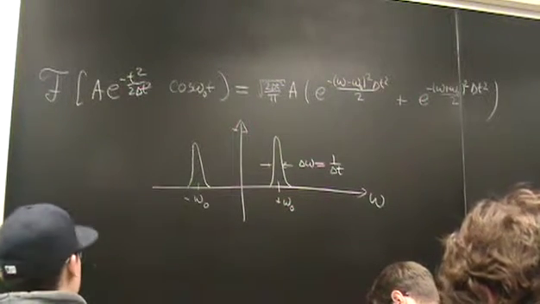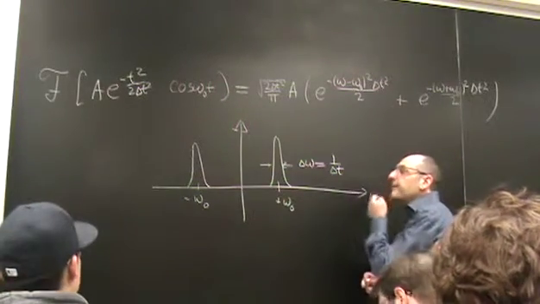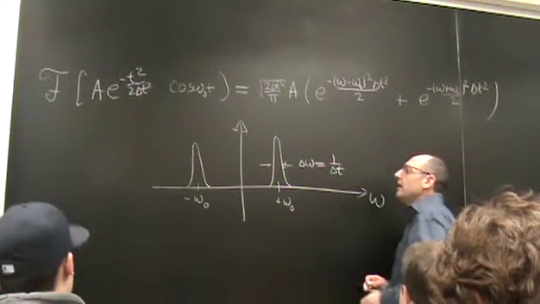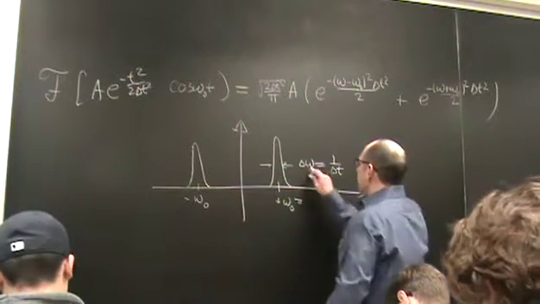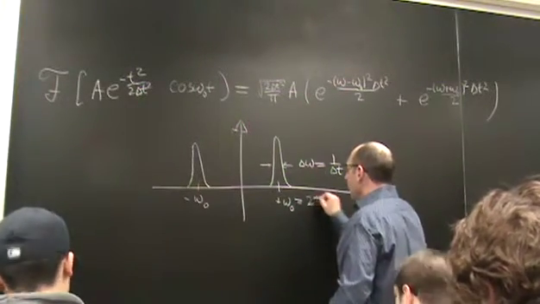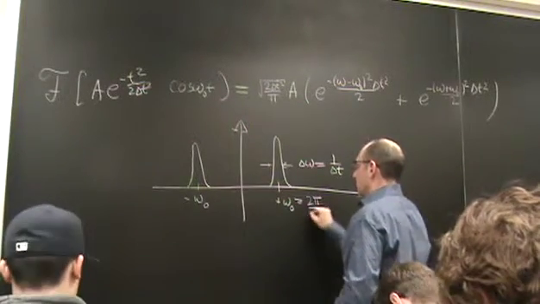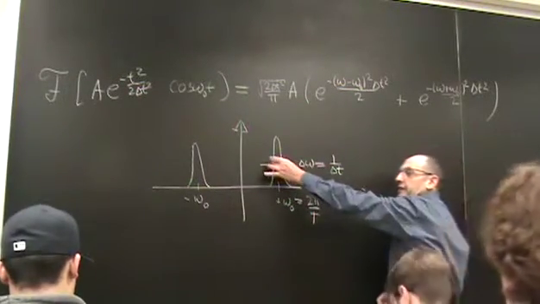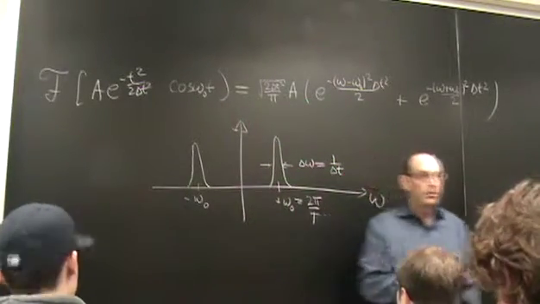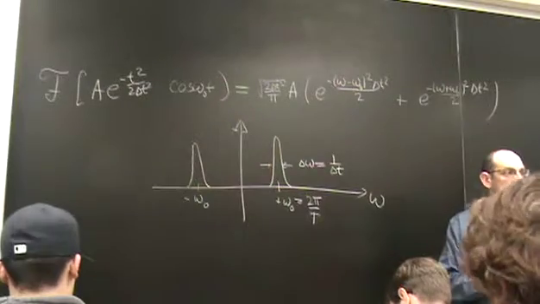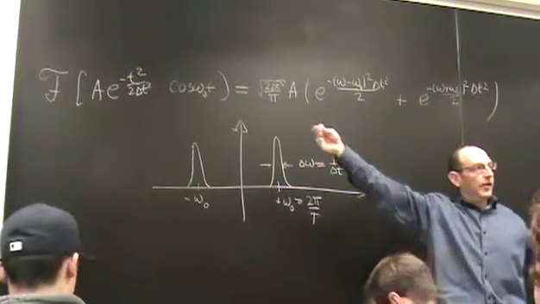So if delta t is huge compared to t, which means that delta omega is tiny compared to the carrier frequency, then the width of these peaks is much narrower than the distance between them, if my pulse was very long in duration.